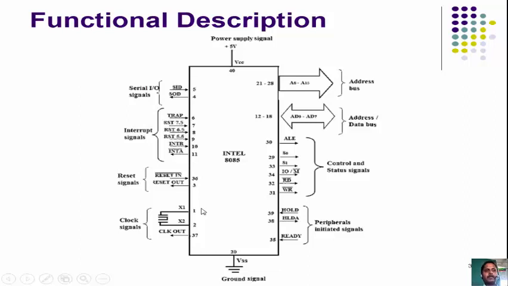As we discussed, the minimum is 500 kilohertz and the maximum is 3 megahertz. According to that, the tuned LC or RC network you have to connect on pin number 1 and pin number 2, or another option is to just connect a crystal on pin number 1 and pin number 2.